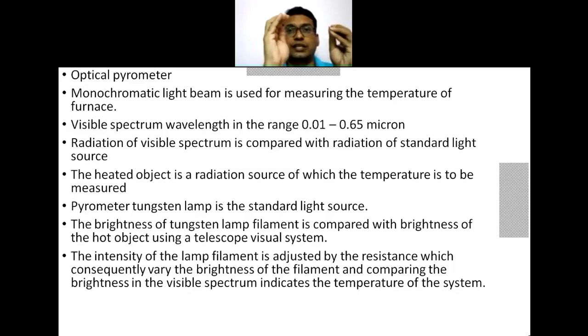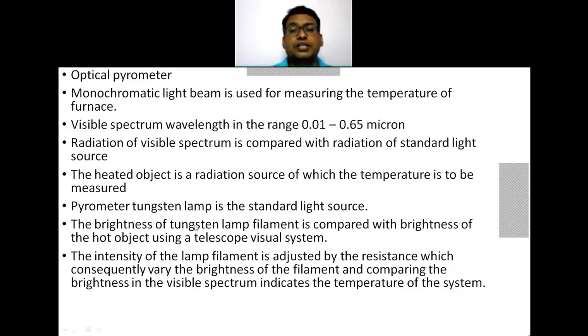So two sources are there. One is the standard light source, the tungsten lamp, and the second is the body whose temperature is to be measured. This body will also exhibit certain radiations, which are compared with the brightness of the tungsten lamp.